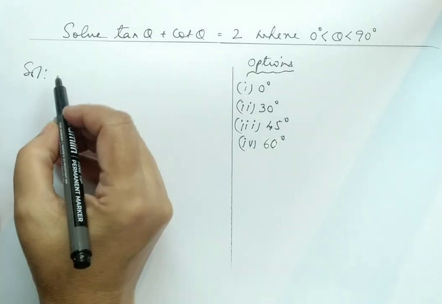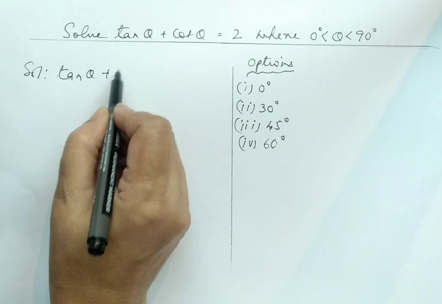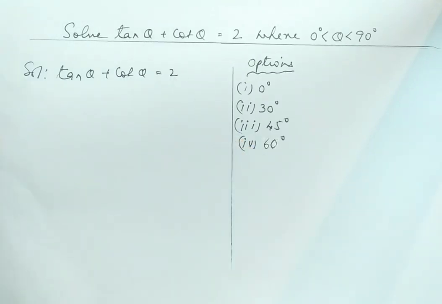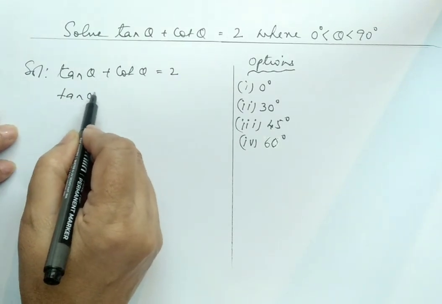So let's get down to working. We have tan theta plus cot theta equals to 2. In order to solve this, I think we have to use certain identities, which is as follows.